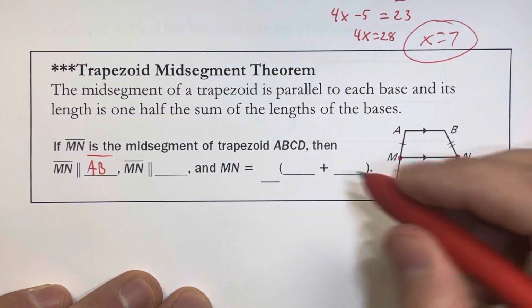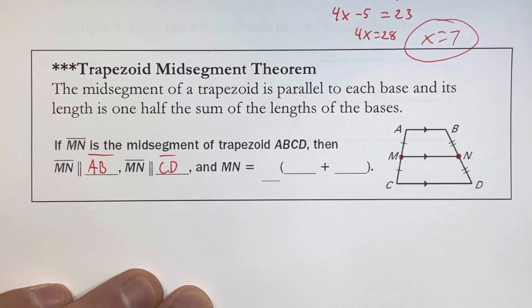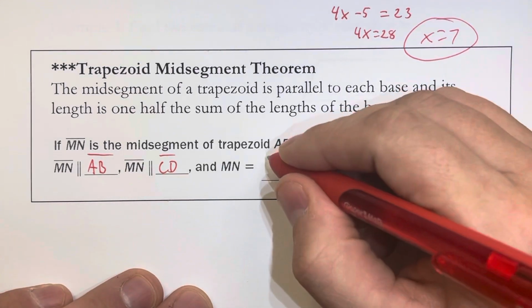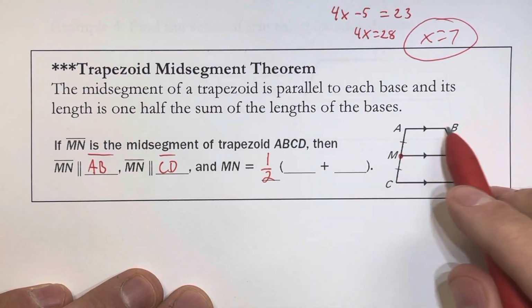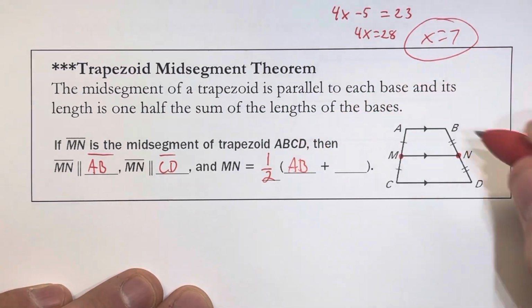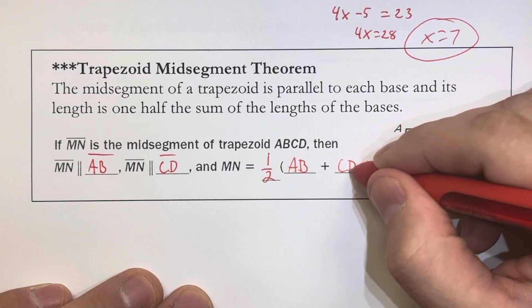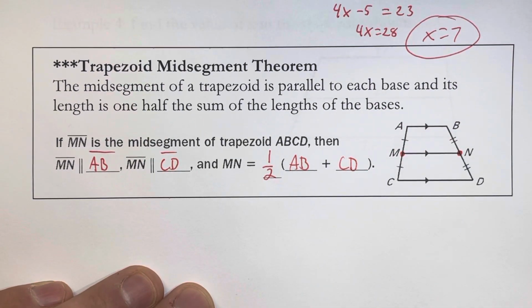It's also parallel to CD. And here's the key. It is equal to 1/2 these sides added together. So the length of AB plus the length of CD. Okay? And we're going to use some mid-segment problems next.